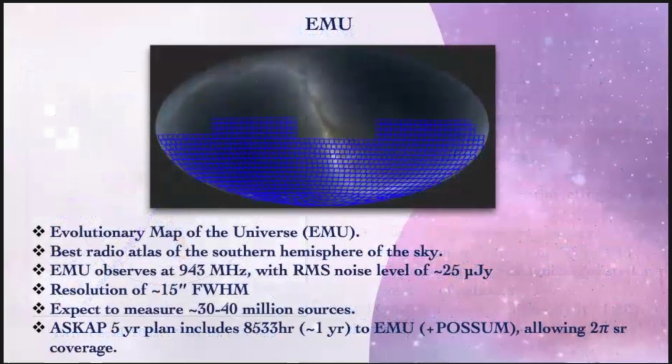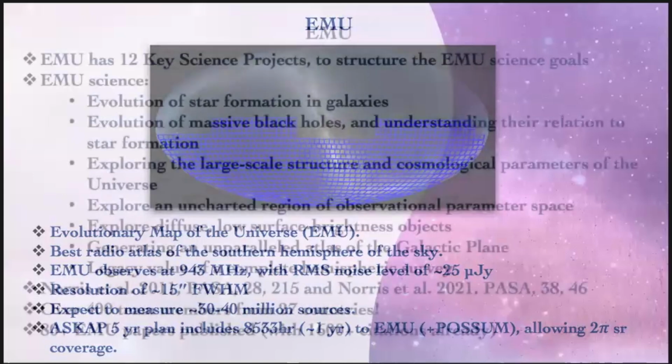And for EMU, EMU stands for Evolutionary Map of the Universe, with an RMS noise level of 25 microjanskys, and they're expecting to measure around 30 to 40 million sources across the survey duration.